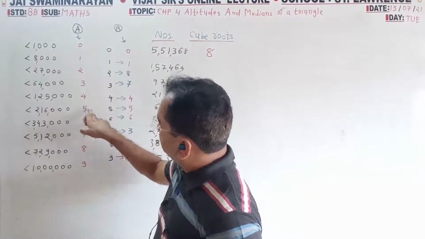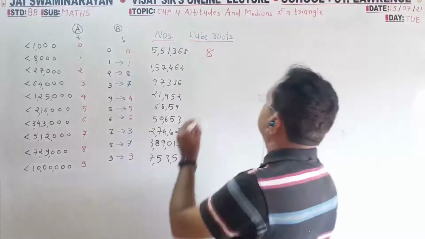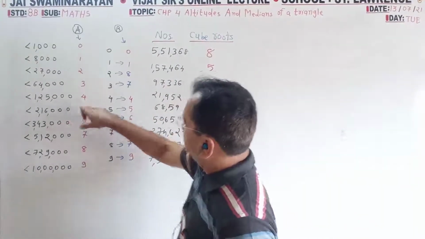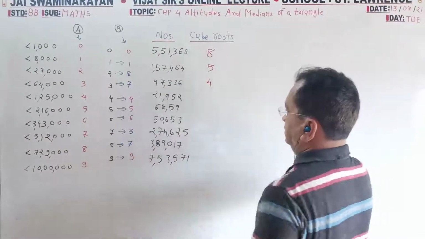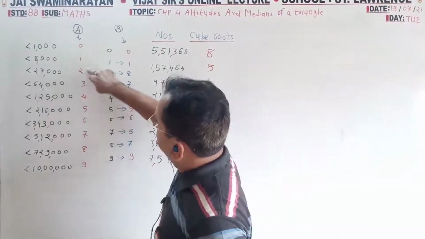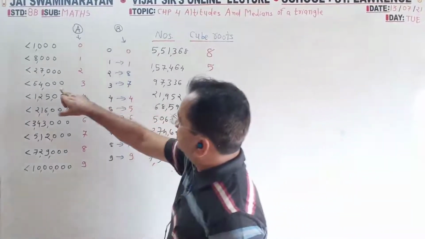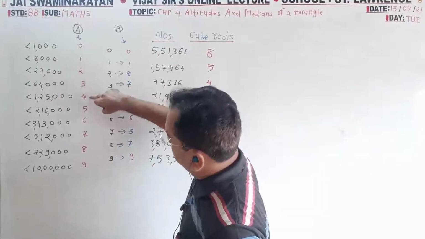1 lakh 57,000 is under this. 97,000 is under this. 21,000 is under this. 68,000 is not under this, under this.